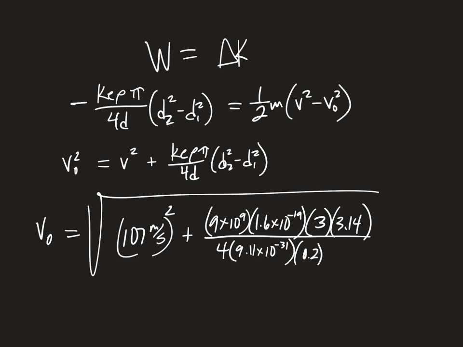And I kind of wrote that big and didn't leave myself any space to put in the difference in diameter squared. Okay, so we have all that in the computation, and unless I messed up, I get 5.71 times 10 to the 7th meters per second.